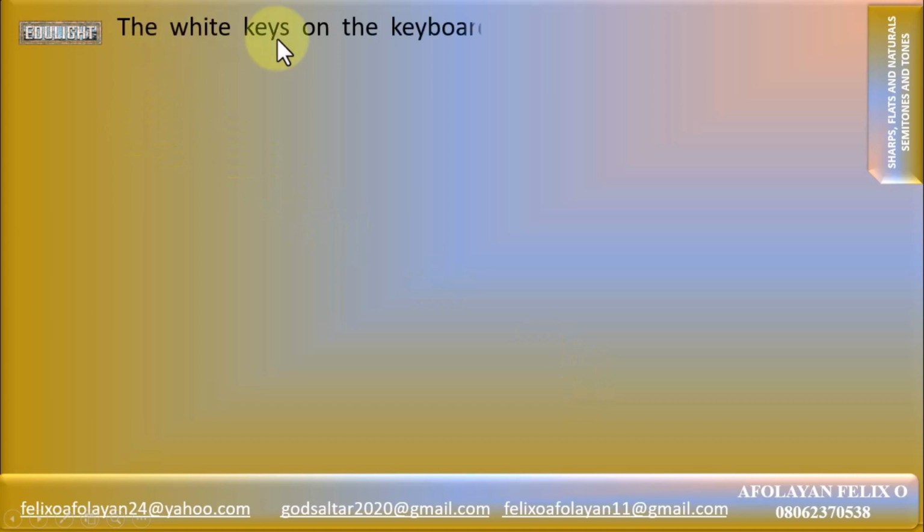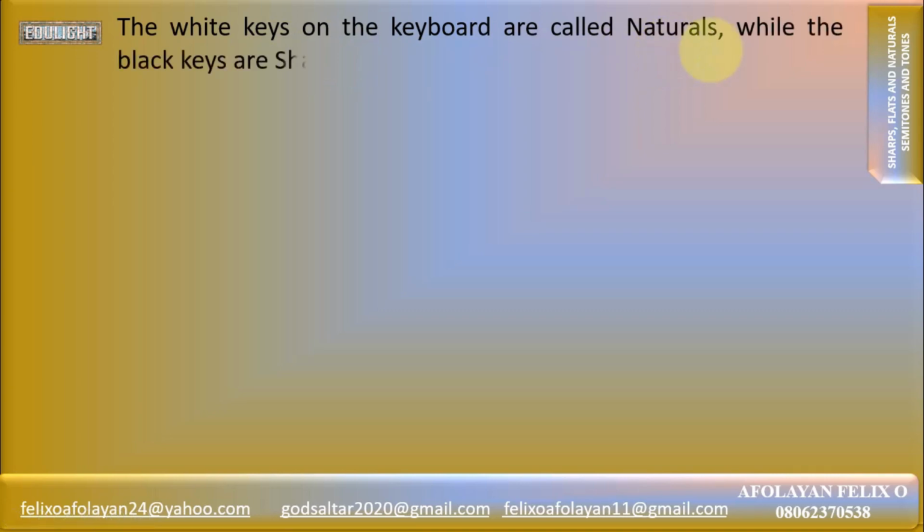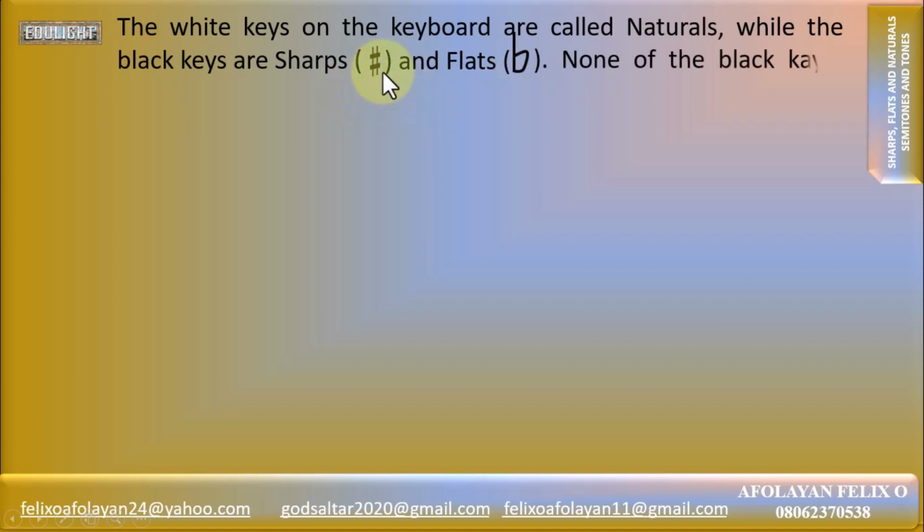The white keys on the keyboard are called natural. The black keys are sharp. Black keys are sharp, and this is the sign here, and flat, and this is the symbol for flat. This is the symbol for sharp.